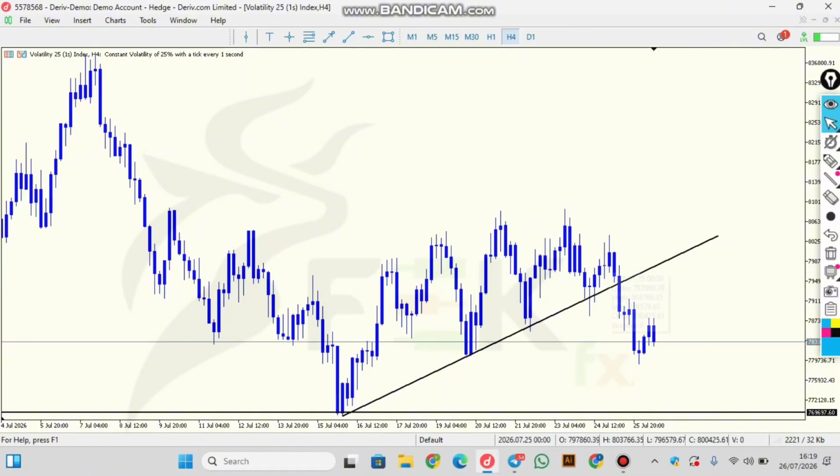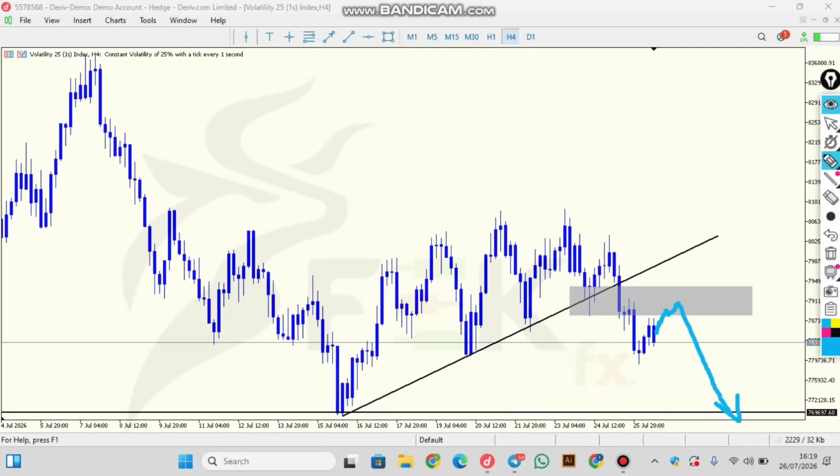The market took this trend line, which tells us that the market is most likely to go down. So for Volatility 25-1s, I'll be looking for the market to still push into this place before I look for a selling opportunity. Do you understand?